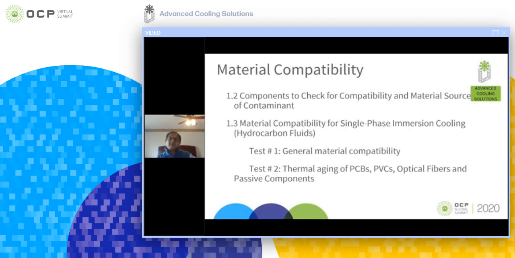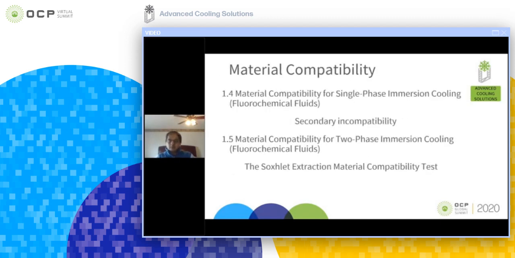Now the material compatibility for fluorochemical fluids is a little bit different. When we talk about fluorochemical fluids for single phase application, most of the equipment in the electronics are hydrocarbon polymer materials, right?